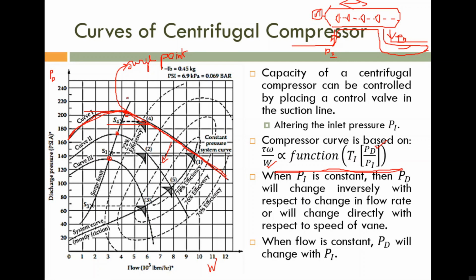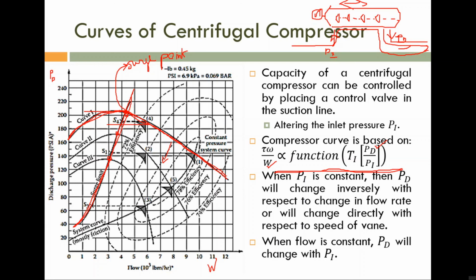So if you are drawing a curve through these surge points, then the corresponding curve is known as the surge curve or surge line or surge limit. So the curve through the surge points is known as the surge limit or surge curve.